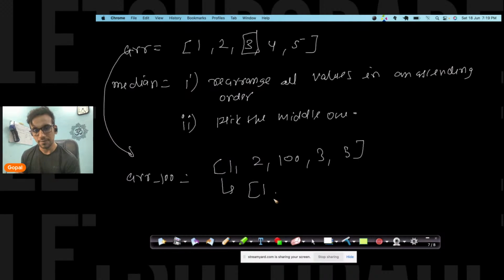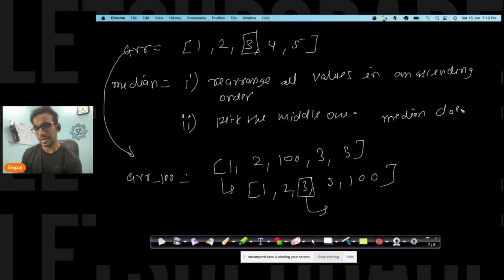So it will be 1, 2, 3, 5 and 100. Again, my middle value will be 3. So my median doesn't get affected by the outlier.